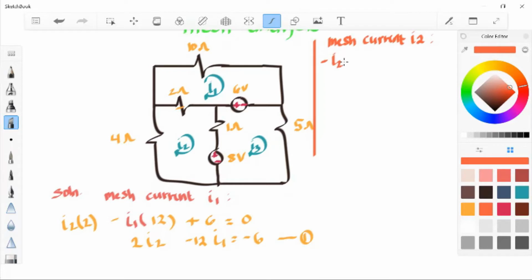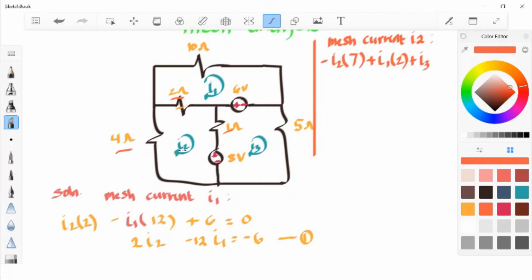Therefore, that is I2 multiplied by 4 plus 2 plus 1, that is 7. And again, as you can see, I1 will be positive because it opposes the mesh current I2. I1 multiplied by 2, again positive, and I3 times 1, therefore that is I3.